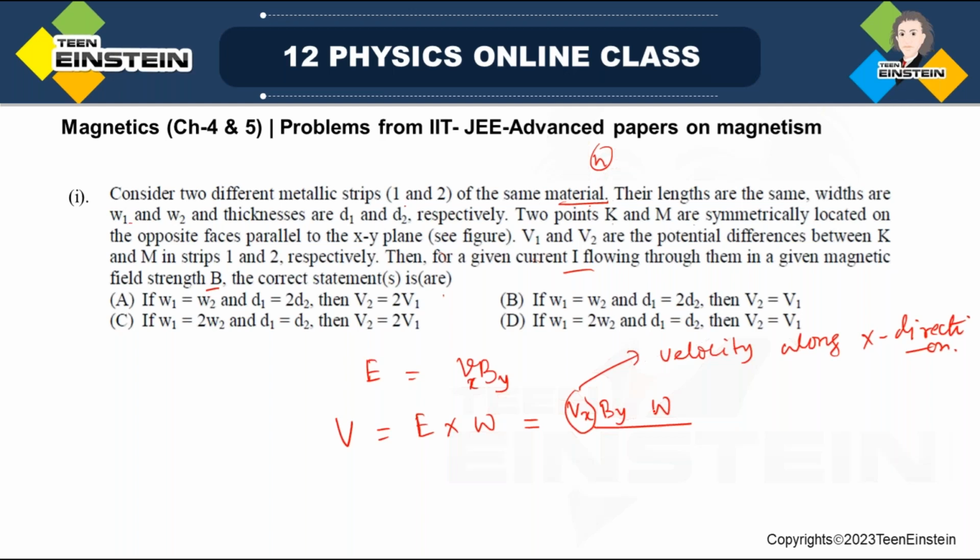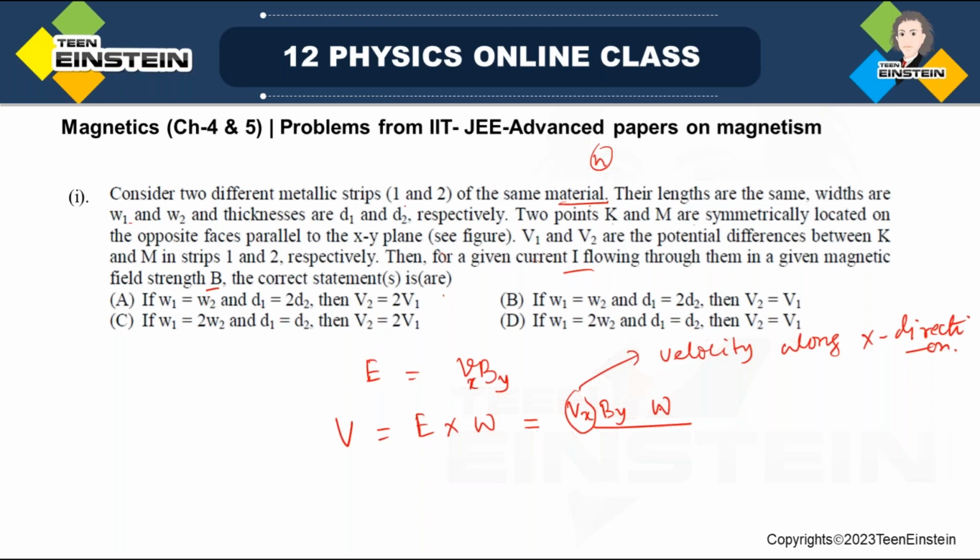Now what we need to check is how D and W affect it.